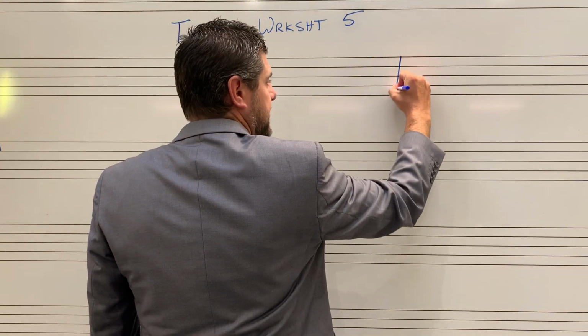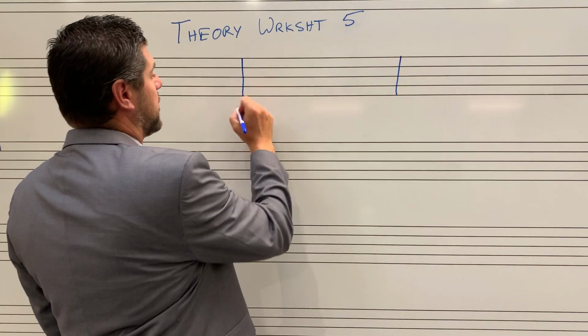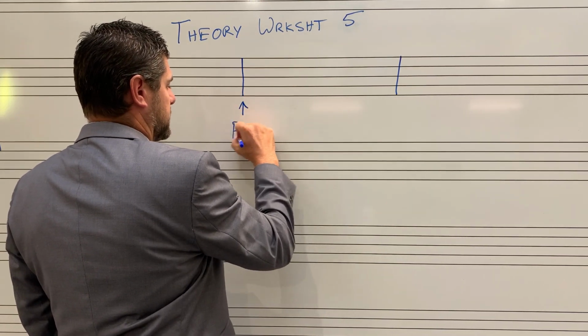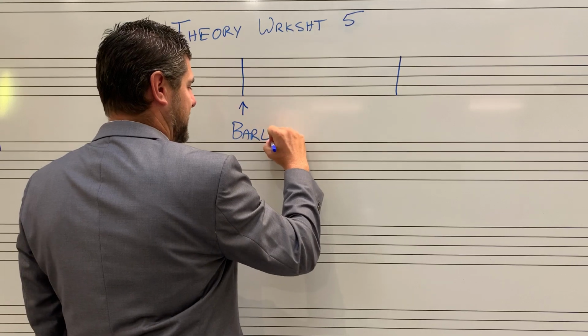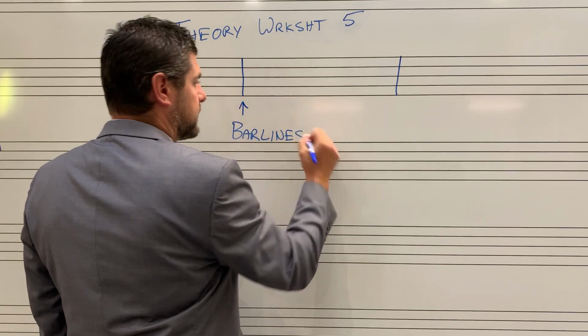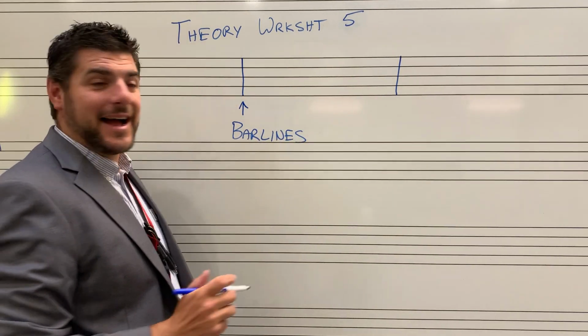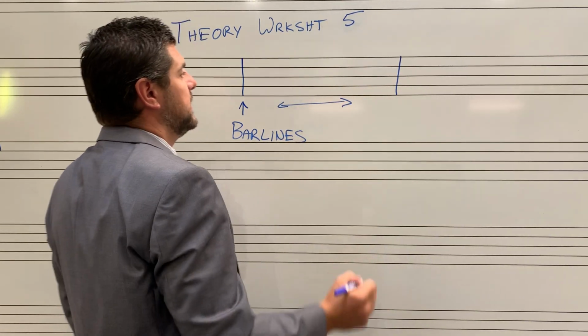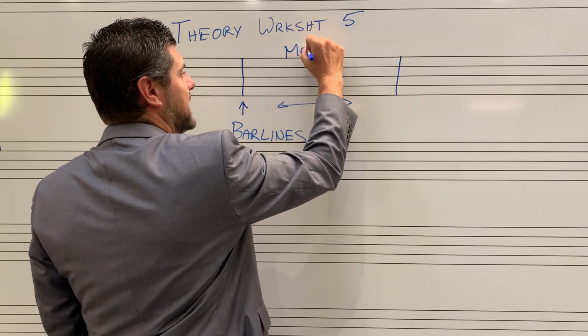Lines inside of a measure. These are called bar lines. Bar lines, okay? Inside of these bar lines, anything from bar line to bar line is what we call a measure.